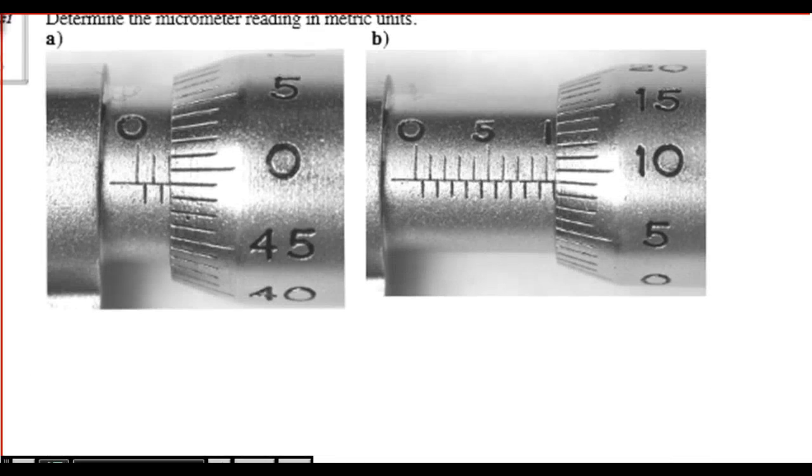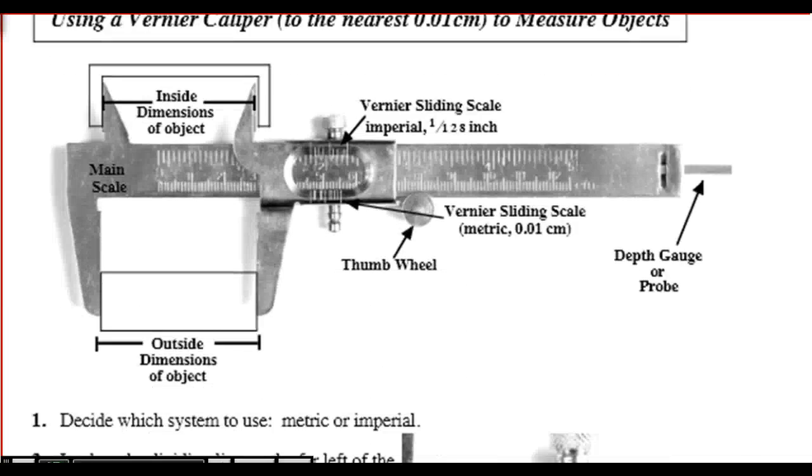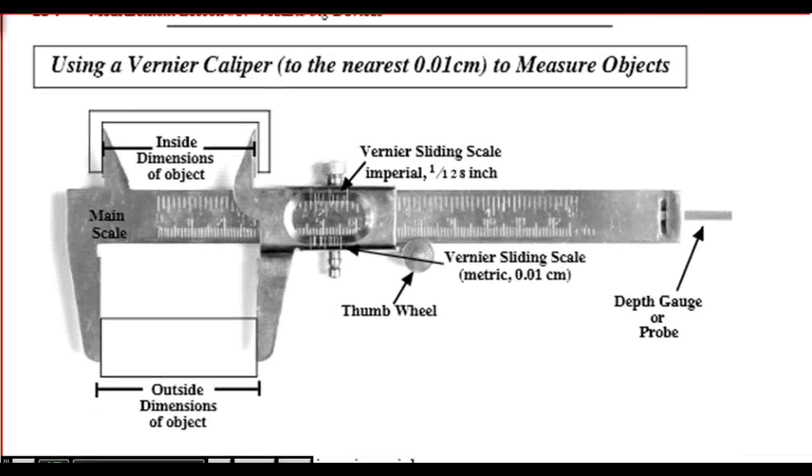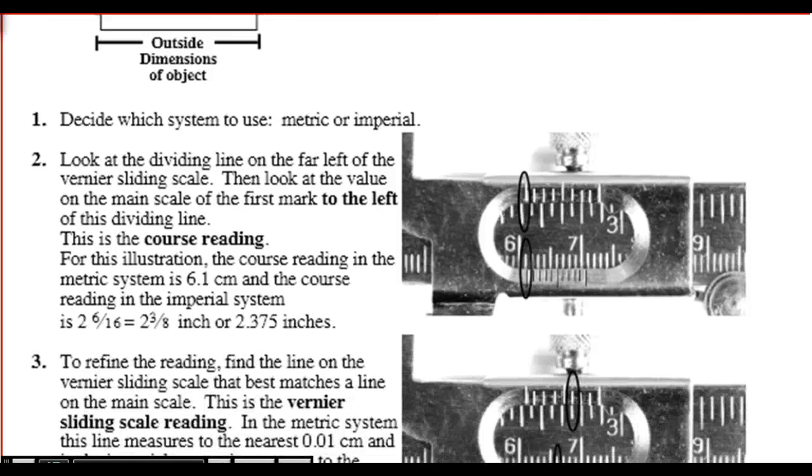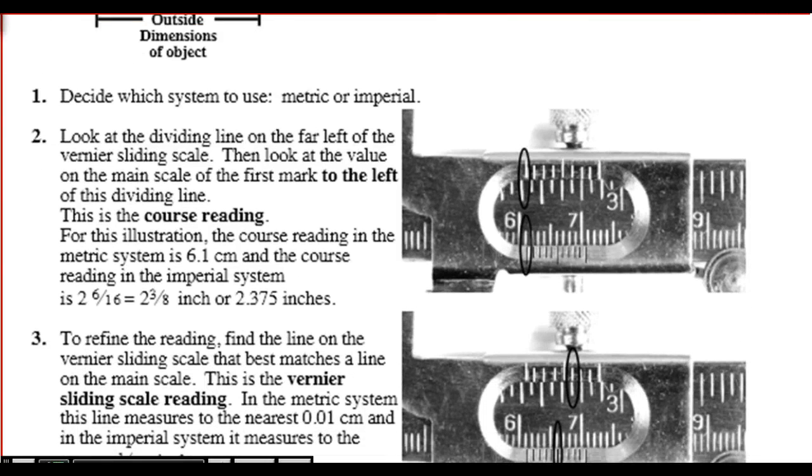I do want to say though that there is a question on the provincial exam that usually involves making a reading from a vernier caliper, and that knowledge can be found here, and we will practice this in class. But go ahead and read through all these steps. This is what you would be given on the test, and you'd have to basically make the correct reading off the vernier caliper for your answer.